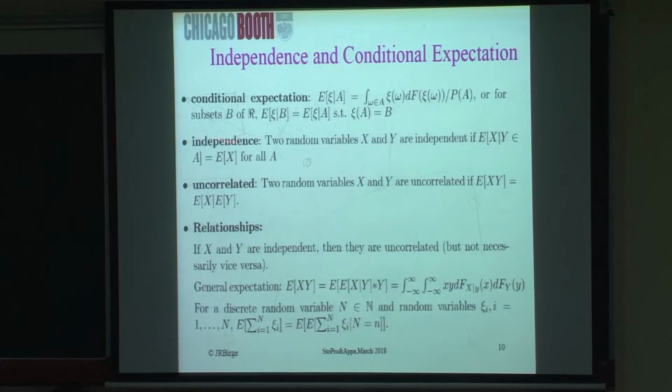Okay, I mentioned conditional expectation. So formally, what does conditional expectation say? It says if I am restricted to a set A, then I'll take the expectation just over that; in other words, I'll just integrate over that particular set, but then I'll divide by the probability.